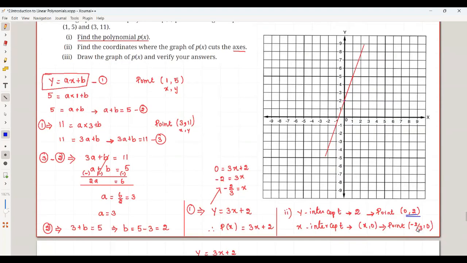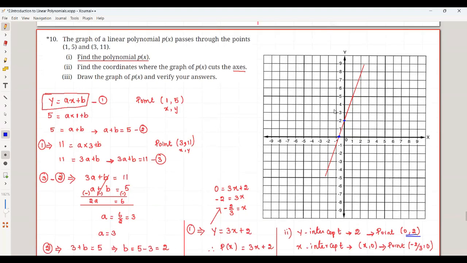Minus 2 by 3 is about minus 0.6 comma 0. Correct? And the second point is here. So both the points are lying on the same line. Therefore our verification is over.